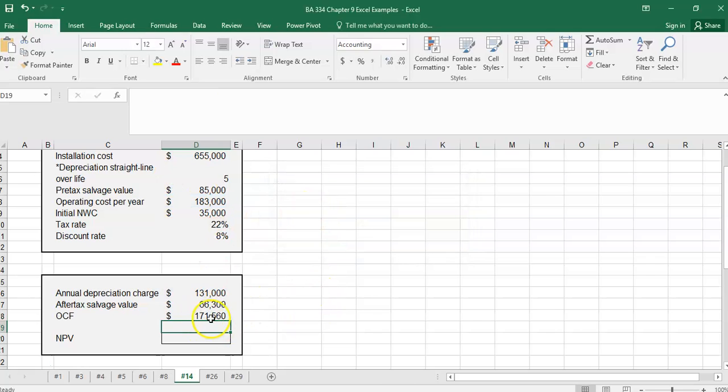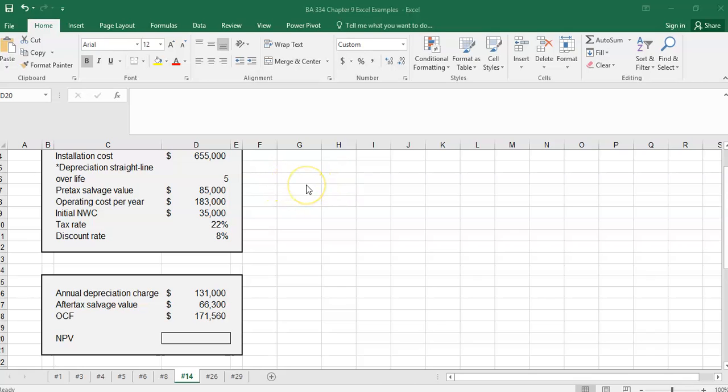Okay. Now we have our operating cash flows for the next 5 years. We want to know what the net present value is of this project at a discount rate of 8%. So we can actually calculate this a couple of different ways.